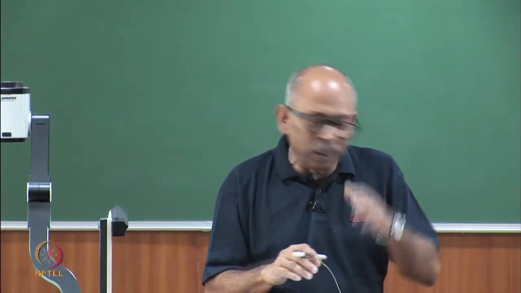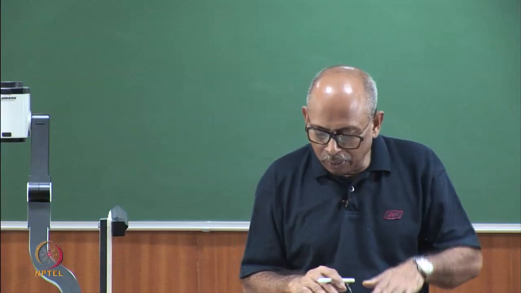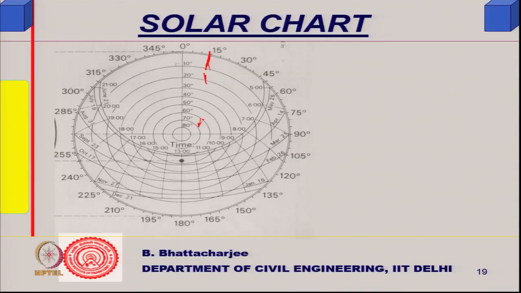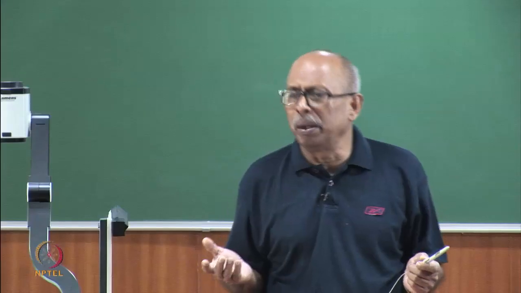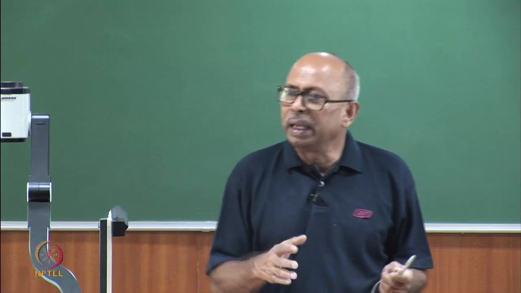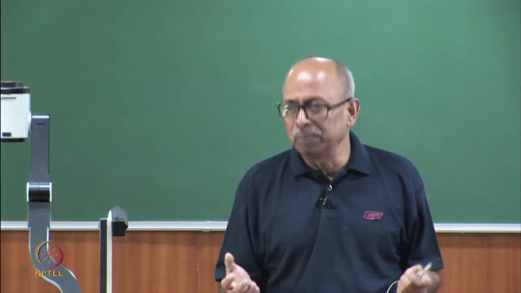So you try to project them onto the horizontal plane. This is another form of plotting the same thing, and you can plot the same days and hours. This is called stereographic projection, but it serves the same purpose. You might find this in some books and the other in others.